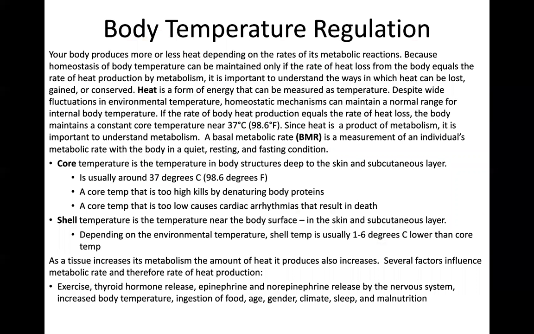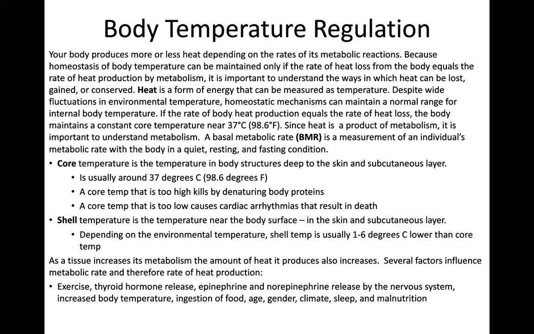The last thing I want to talk about is utilizing our metabolism to give us our body temperature. Producing heat, not necessarily as a bad thing, but as a beneficial thing to give us our 37 degrees Celsius or 98.6 degrees Fahrenheit body temperature.